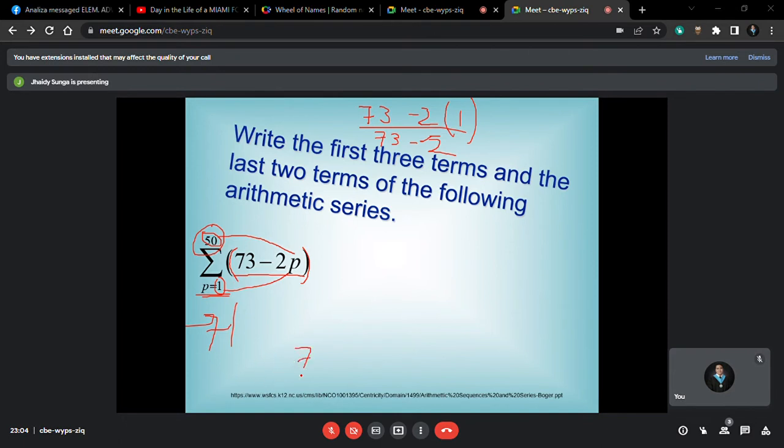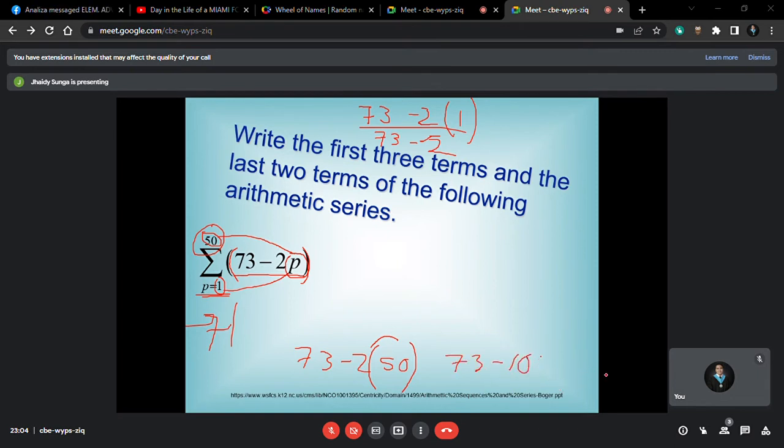It will be 73 minus 2 times the quantity of 50, since we substitute the 50 to p. If we multiply 50 by 2, it will be 73 minus 100.